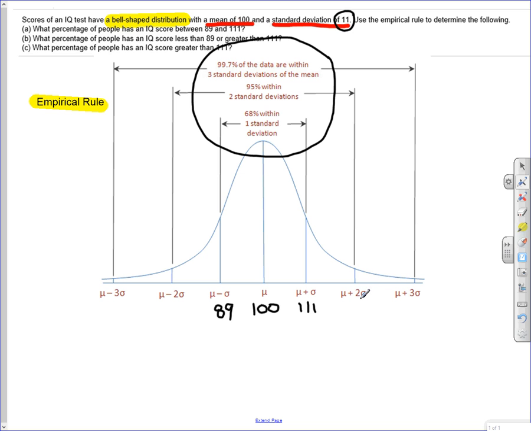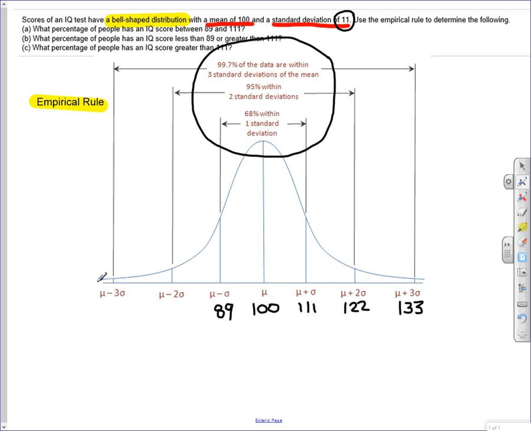Then, going one more, I add a standard deviation again and I'm at 122. Then I can add another one and I'm at 133. We stop at 3 standard deviations because after that point there's really not much data.